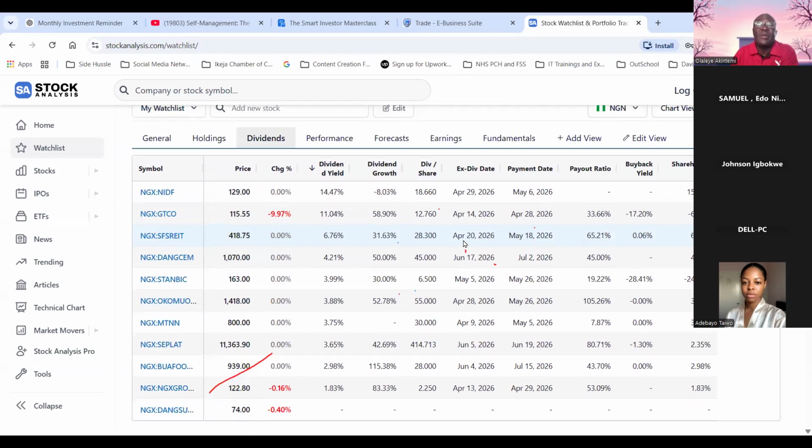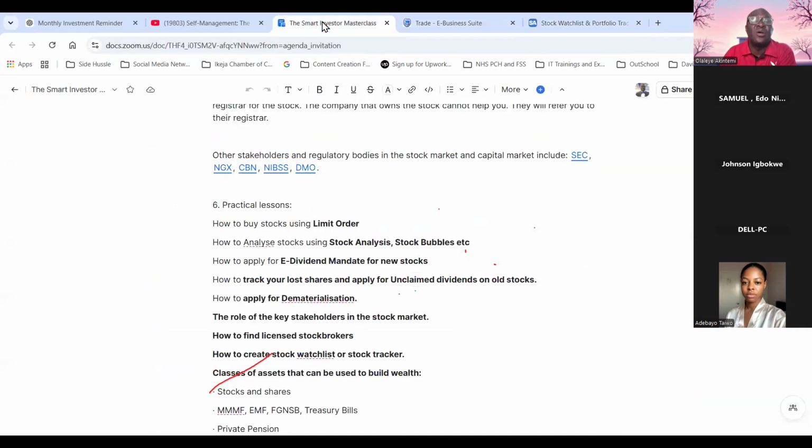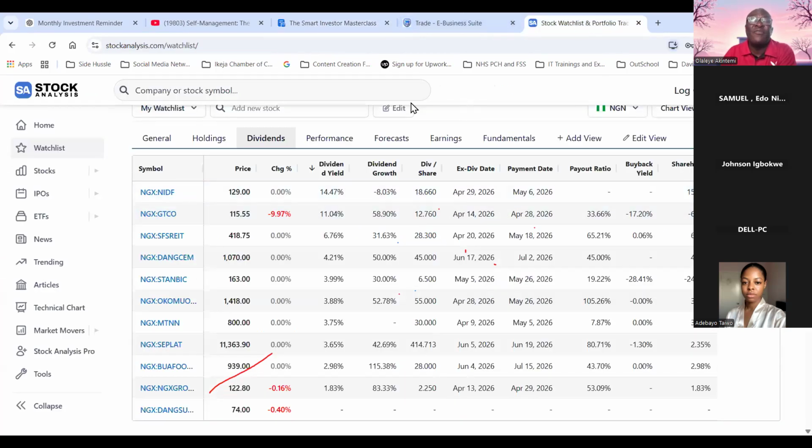Okay, so this is my stock portfolio on Stock Analysis. So, how to analyze stocks using Stock Analysis. There are different things you can do. You can compare stocks, you can analyze them, you can check fundamental analysis, technical analysis, and you can apply stock metrics.